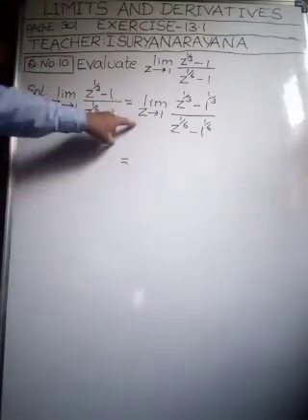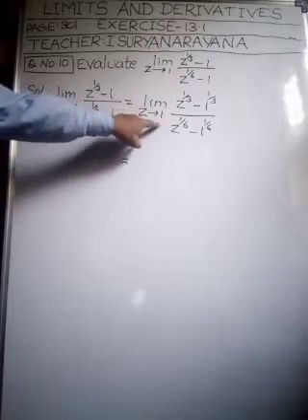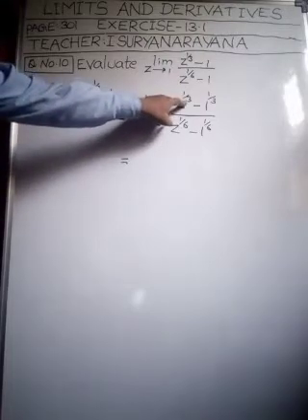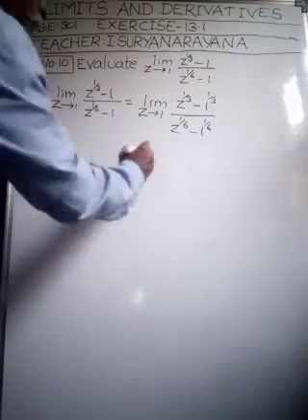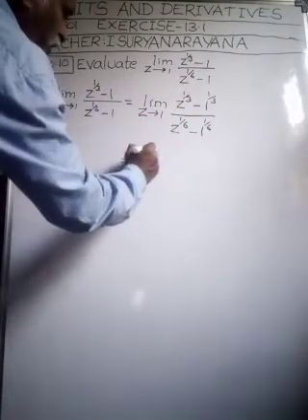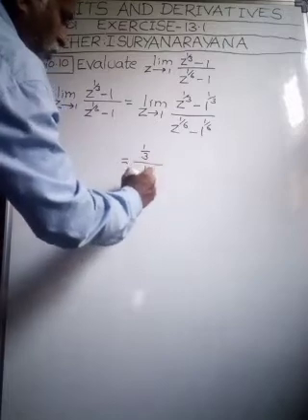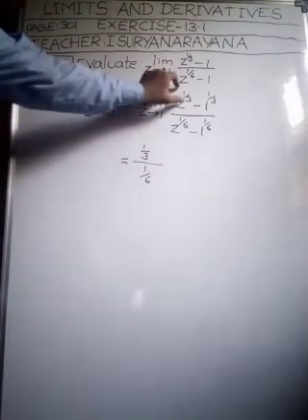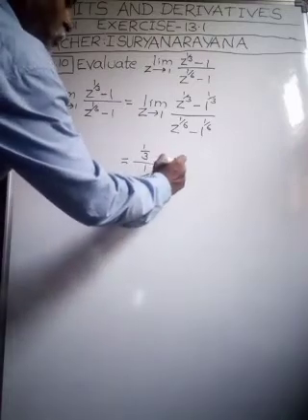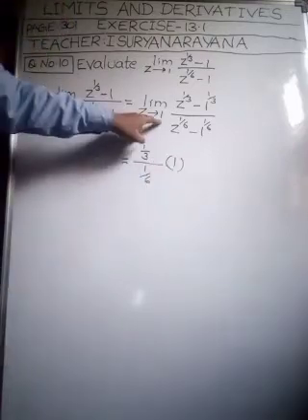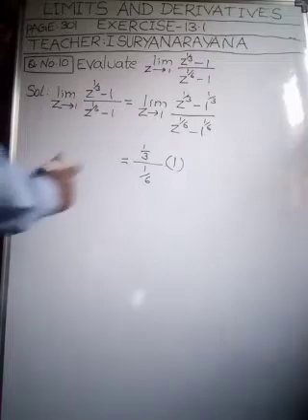Where x is equal to z, a means 1, m means 1 by 3 and n means 1 by 6. Okay, my children. So, m by n, what is m here? 1 by 3 by 1 by 6. M by n is 1 by 3 by 1 by 6 into a to the power of, what is a here? 1. 1 to the power of m minus n.